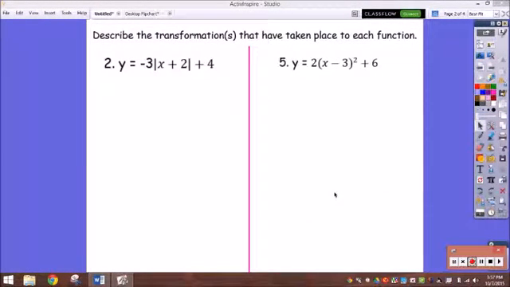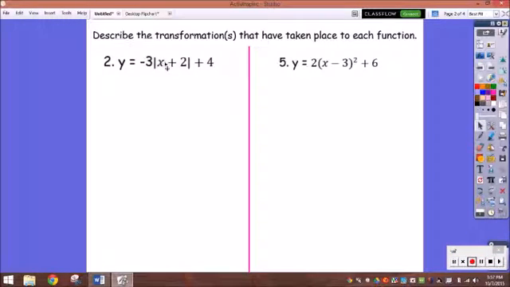So in this section, the directions say describe the transformations that have taken place to each function. And so in number 2, we have y equals -3 times the absolute value of x plus 2 plus 4. And what I want to look for is things like if a number is inside of the parent function or outside.